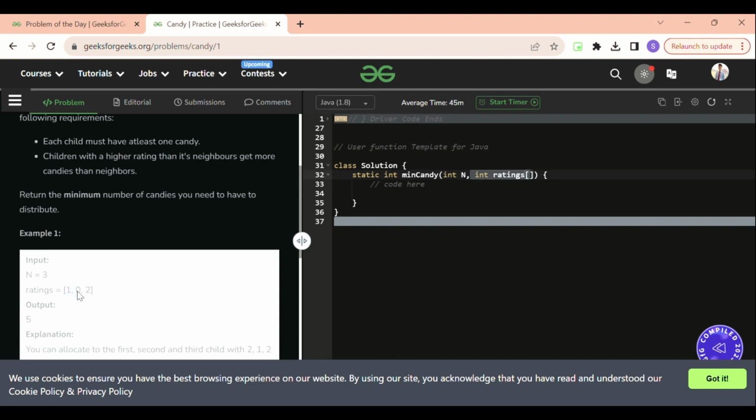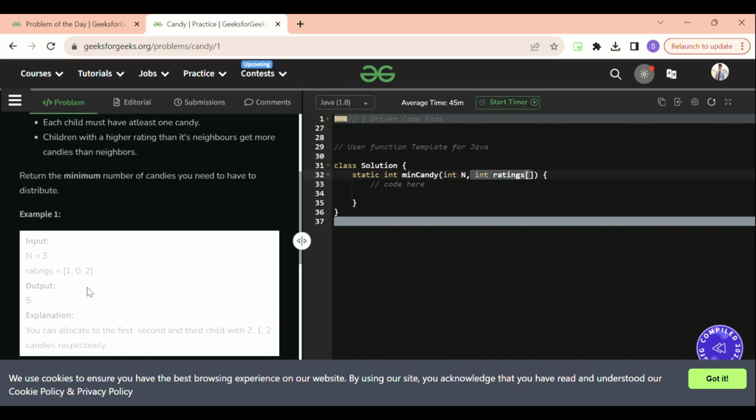So what I can do is start by giving one candy to everyone, and if the next neighbor's rating is higher than the previous one, I will add one candy to it. Otherwise I will reset the candy count to 1. Like for 0 I will give one candy, and for 2 I will give two candies.